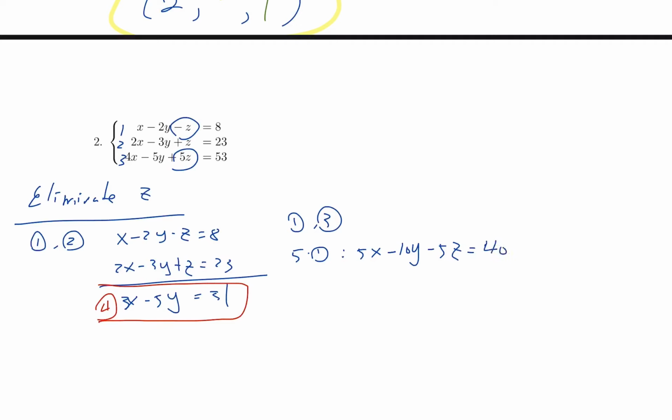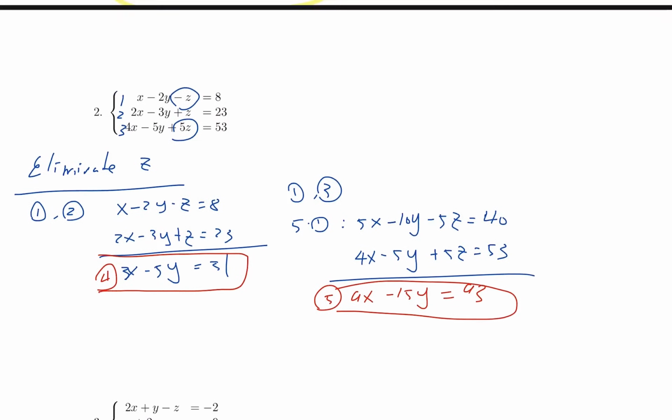Then we get 4x minus 5y plus 5z equals 53. So on that, add across, we get 9x minus 15y equals 93. So this is our fifth equation.